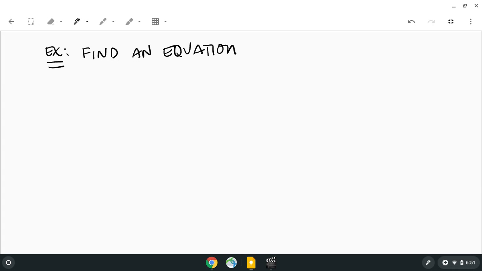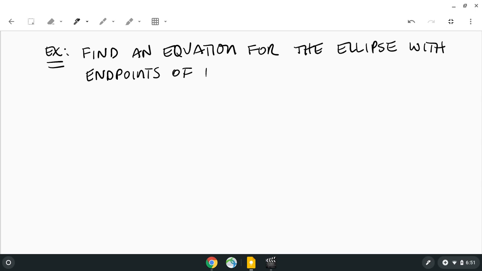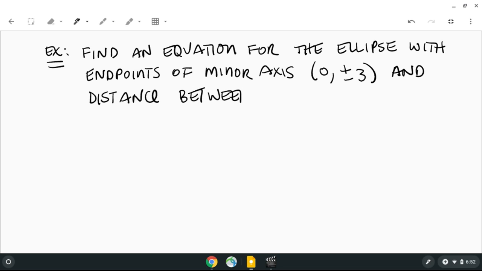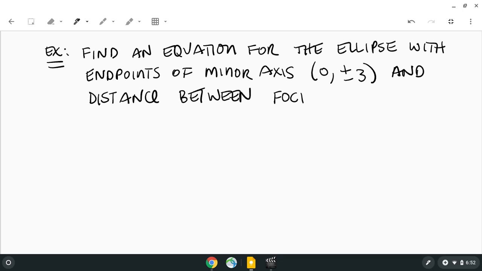For the ellipse with endpoints of the minor axis at 0 plus minus 3, and the distance between the foci, so the distance between the two focus points, is 8.